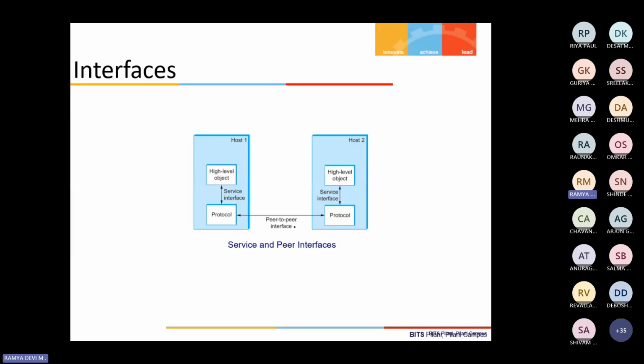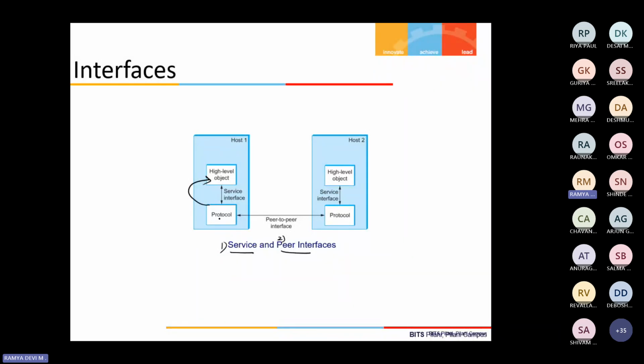Two types of interfaces we have just seen: the service interface and the peer interface. The service interface defines how the layer above uses the services provided by the layer below.